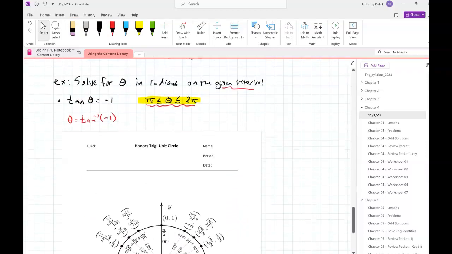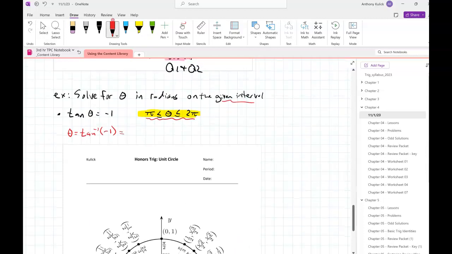And I notice that that number is between 1 pi and 2 pi, because that's 1.75 pi. So we're done. Nothing else to do there.